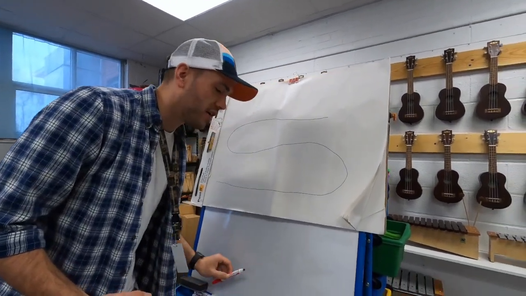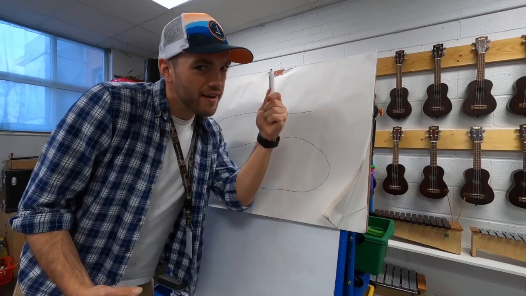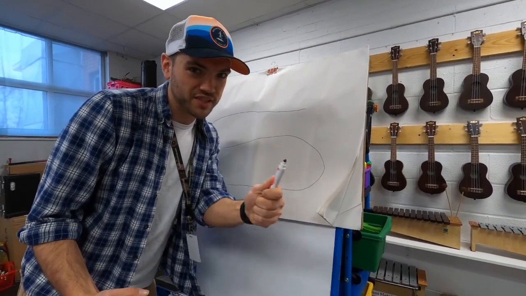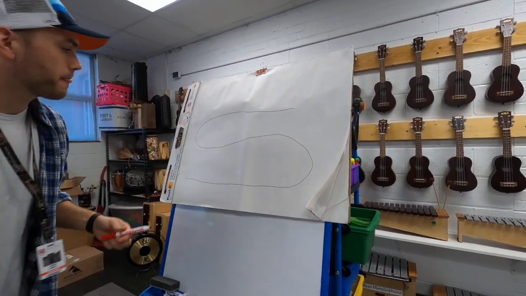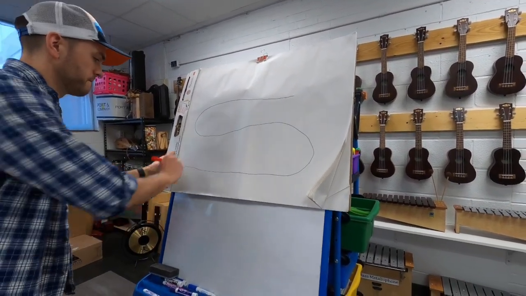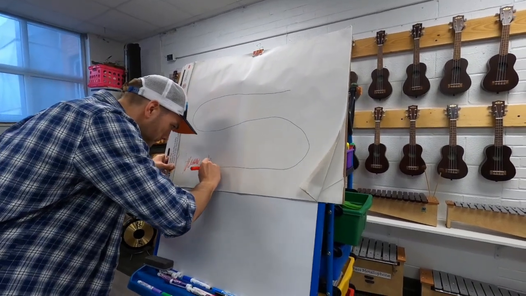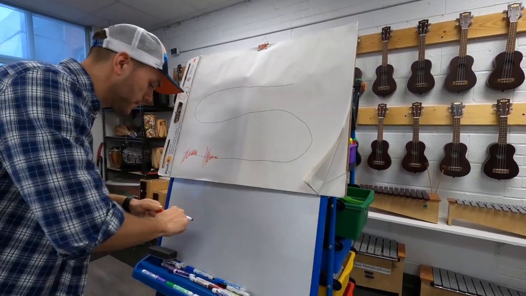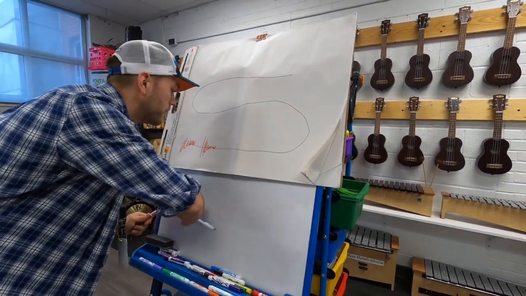I'm going to start off with my red marker because I know this is probably going to start forte, which is actually fortissimo, which is very loud. Here we go. Oh, now it's very piano.